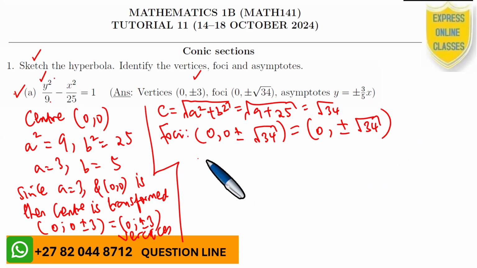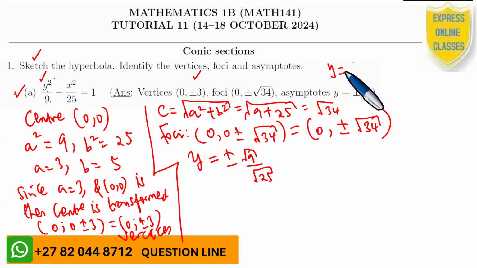Simultaneously, we then say that y is equal to, okay, we make y the subject out of this. You make y the subject, you cross multiply, so it's always going to be plus or minus the square root of 9 over the square root of 25.